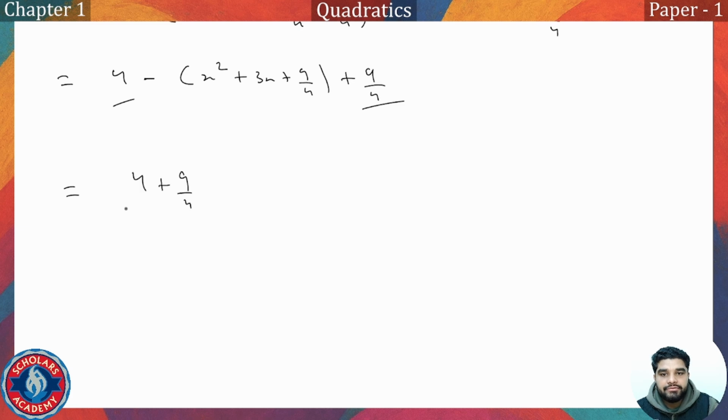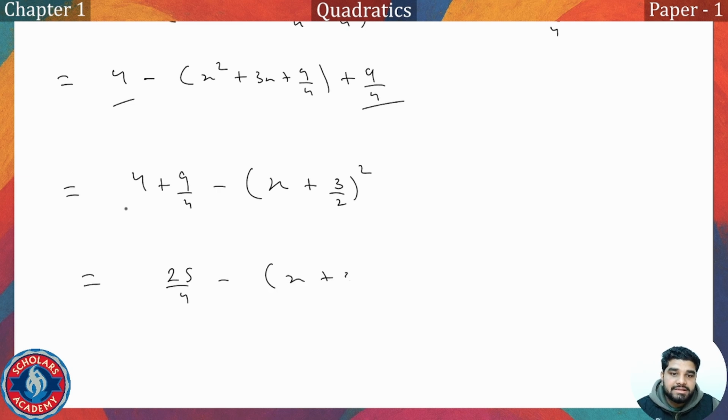So 4 plus 9 by 4 minus, now we can write this as one whole square, that is x plus of 3 by 2 whole square, and we can also take LCM over here, that is 16 plus of 9, that is 25 by 4, and minus of x plus 3 by 2 whole square. That's our answer. Clear? Any doubt?